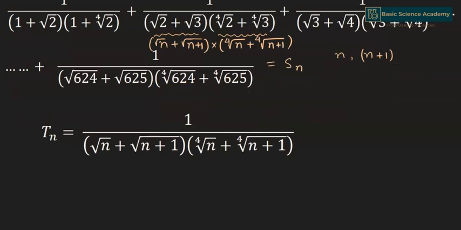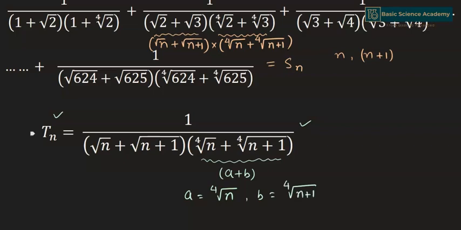Hence, the general term Tn of this expression can be written as 1 divided by square root n plus square root n plus 1 multiplied by fourth root of n plus fourth root of n plus 1. In the denominator, this fourth root part is in the form of a plus b, where a is equal to fourth root of n and b is equal to fourth root of n plus 1.